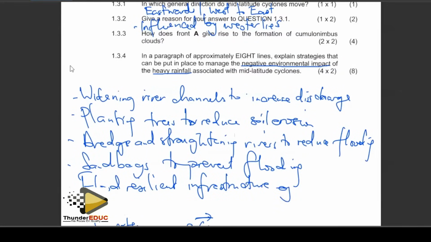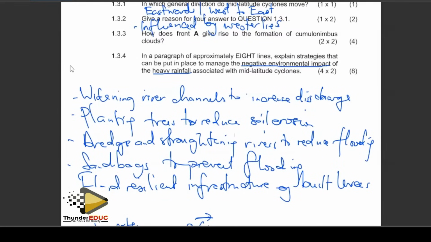There we can talk of building levees, the artificial levees. We know the natural levees, which is the natural embankment on the river channel. We can also do the artificial one, where we try to build our walls, the protective walls, the flood walls along the river channels to try and contain all the water within the river channel so that we avoid excess water getting to the environment or damaging the surrounding.